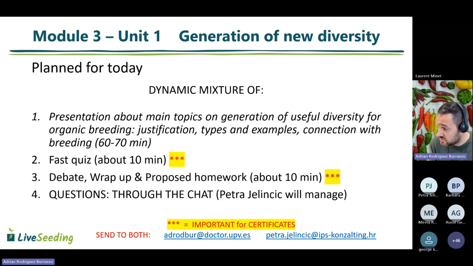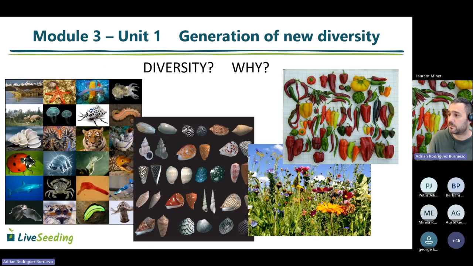And for this unit, you need to send both the answers to the quiz and the proposed homework in one go to my email. Here you have it, and Petra's email for double checking. Okay, so this is the main context of the unit for today, and I will start right now.